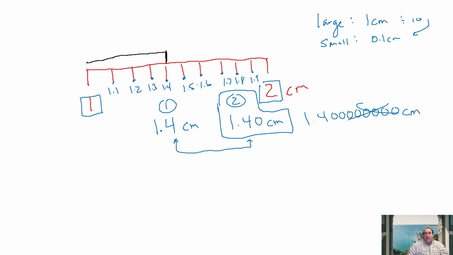So if we were to say, I think it is the first one here, that means that this would have 2 significant figures, with the uncertain number being the 4. What that is really saying is, I think it is 1.4 centimeters.